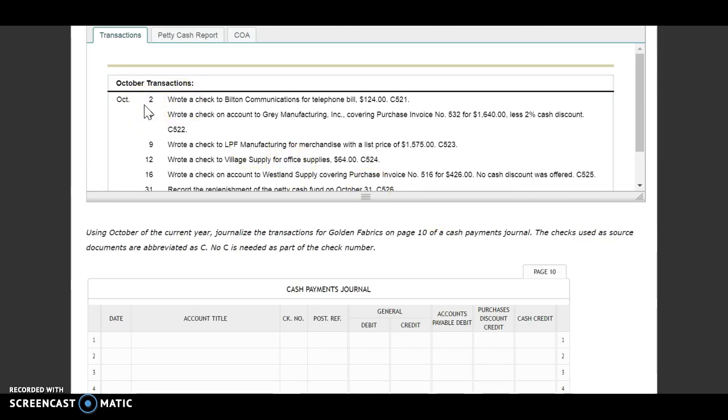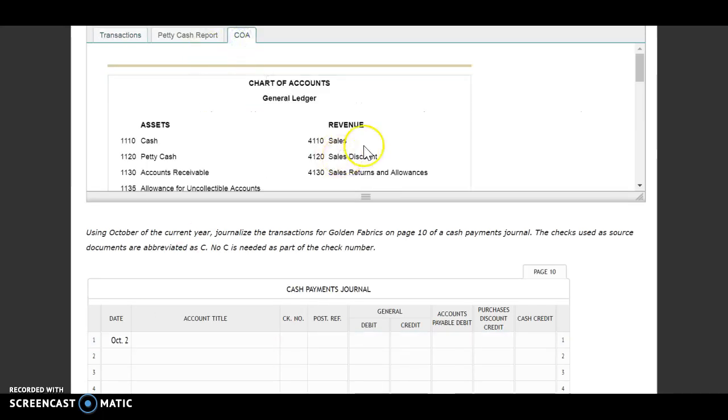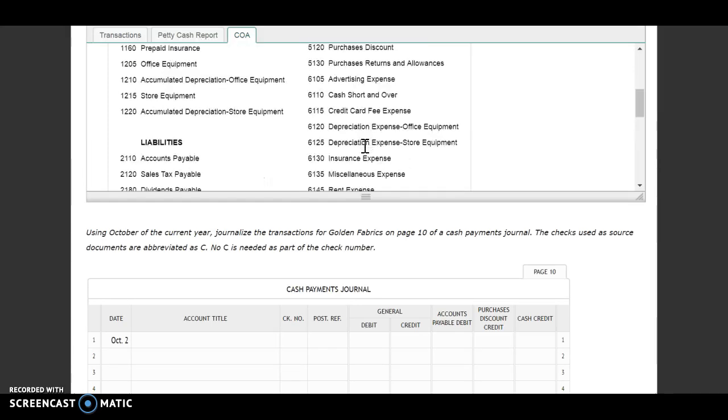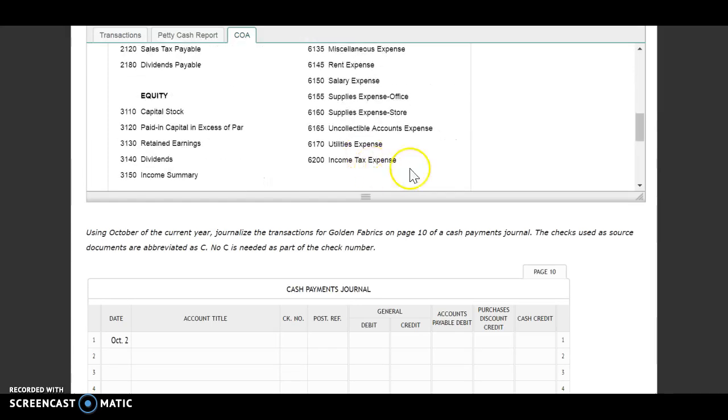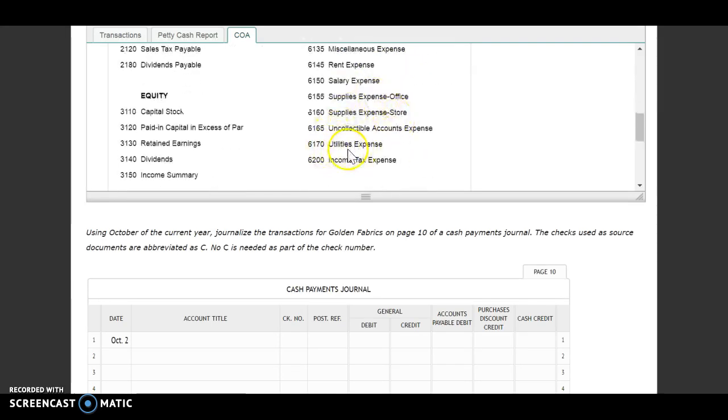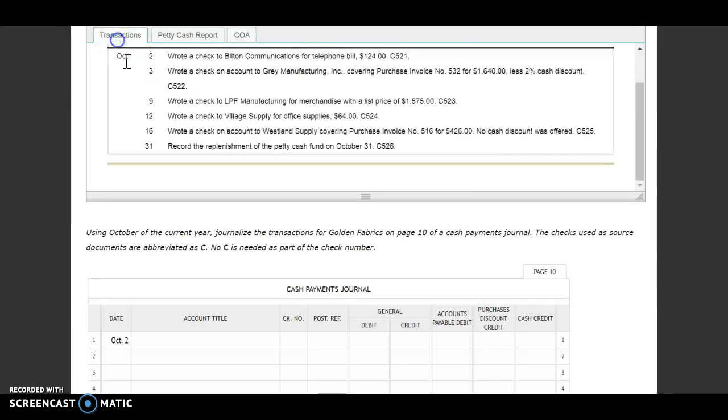Wrote a check to Built-in Communications for a telephone bill, $124, C521. Going to go down to my date, October 2nd. And we might need to check our chart of accounts because I'm just not sure of my expense that I'll be using. Sometimes they'll change that one on us. So there's nothing about a telephone in here. So I'm going to assume that that is going to be my utilities expense.